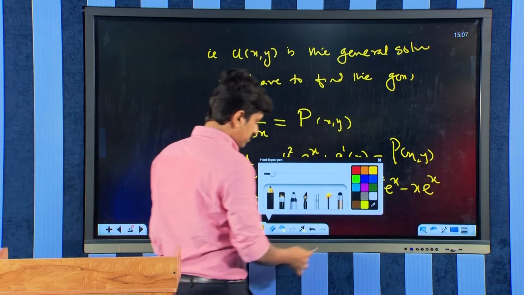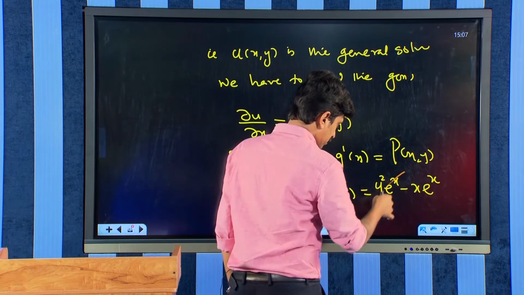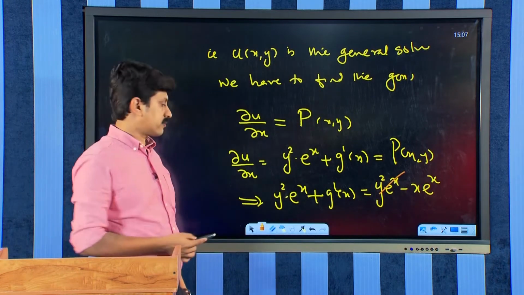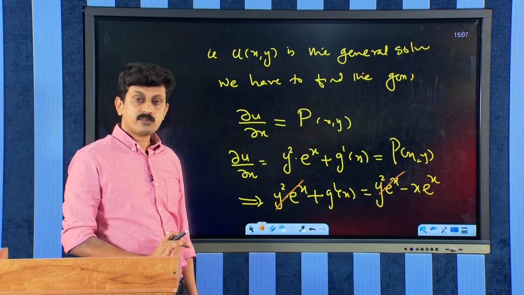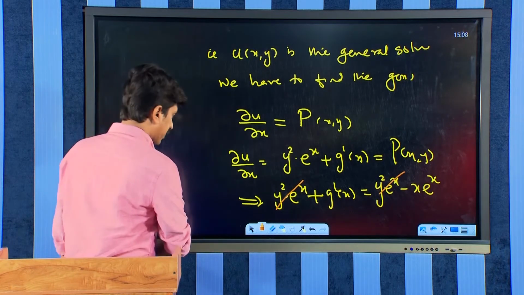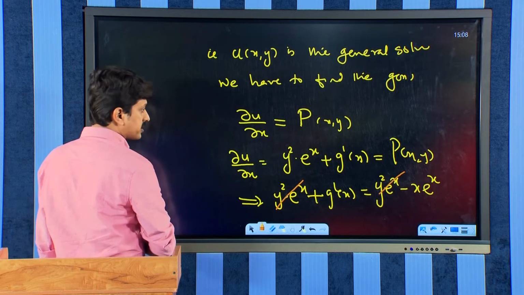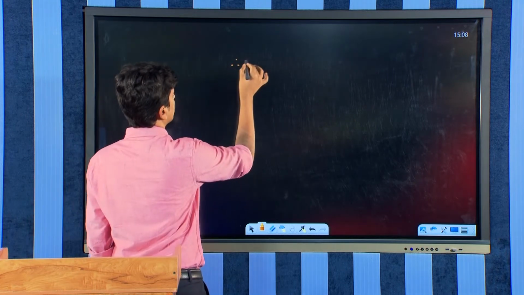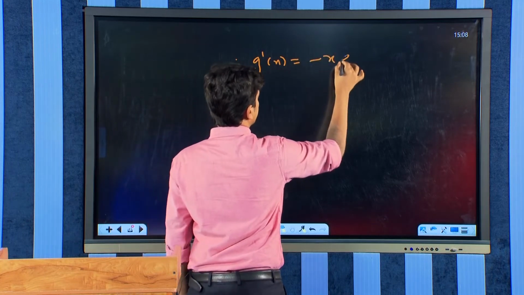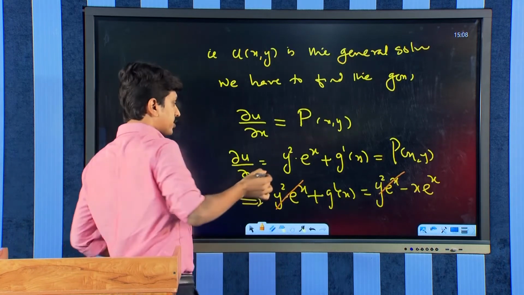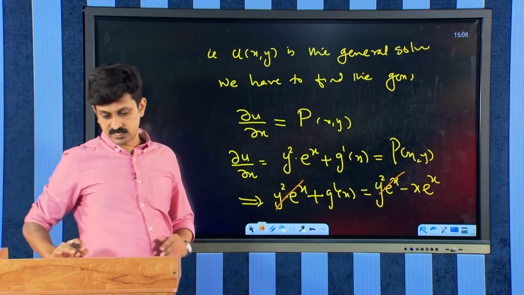So, dear friends, we can cancel y square e raised to x from the LHS and from the RHS, and finally we will have g dash of x equal to minus x e raised to x.